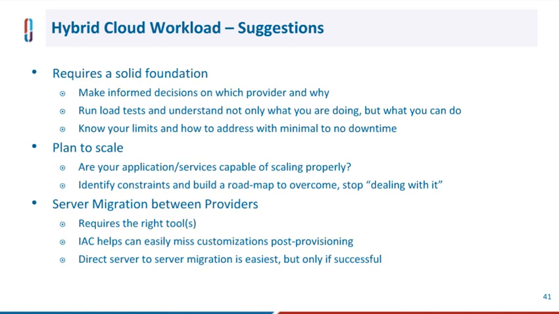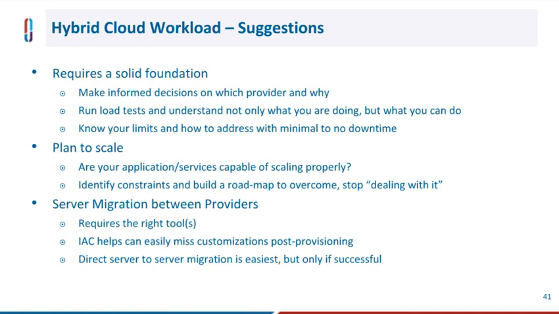The other area is plan to scale. You really have to assume that as you're building or migrating these applications to become more cloud native, to take advantage of the different capabilities in the cloud, you have to build it to scale, not just at the application layer, but down at the infrastructure layer.